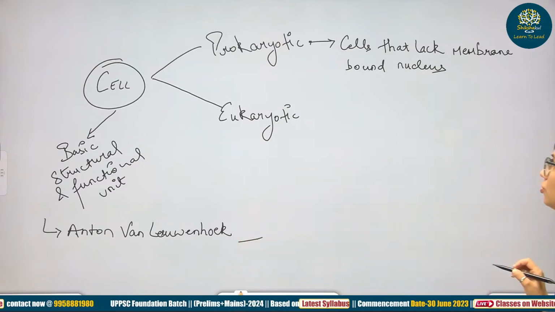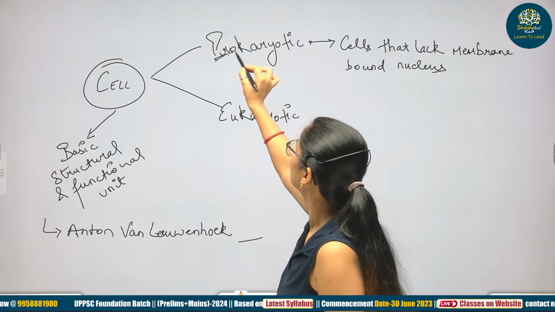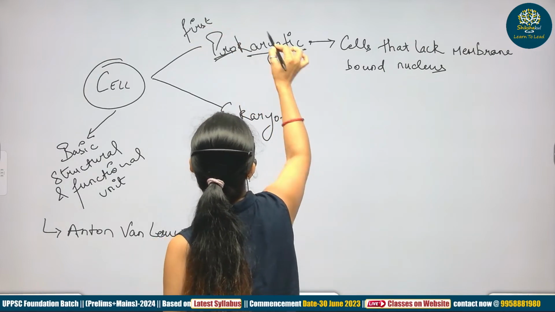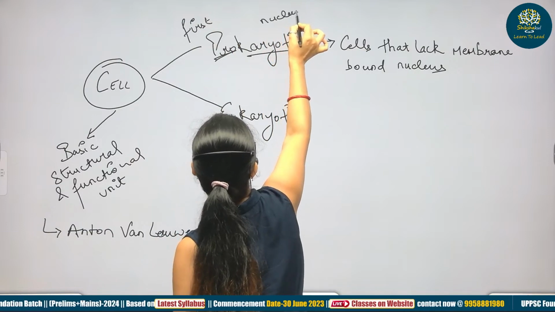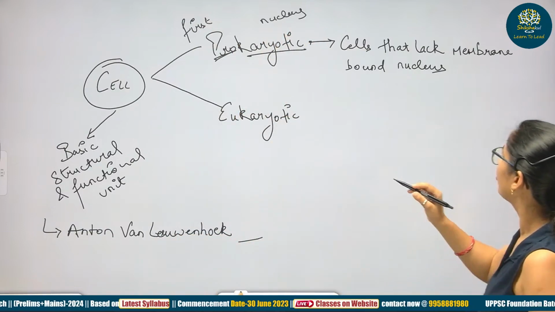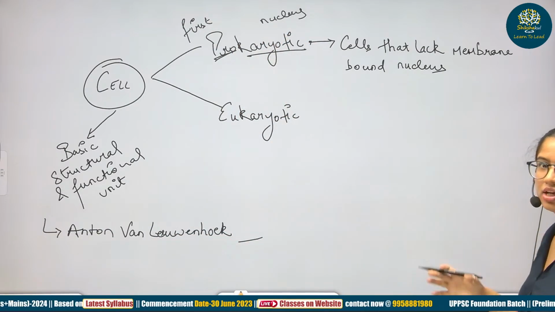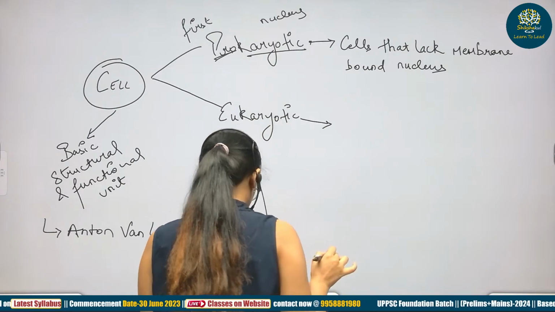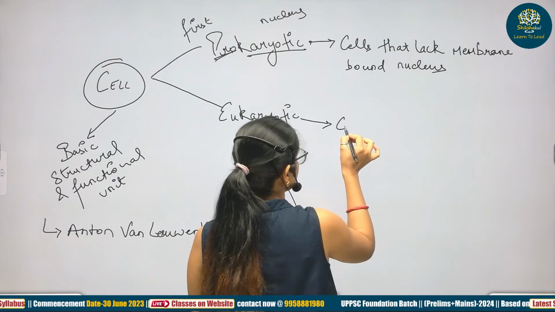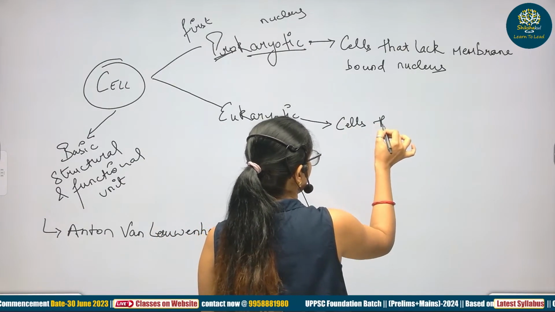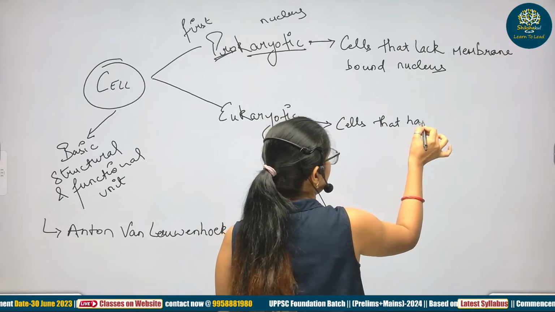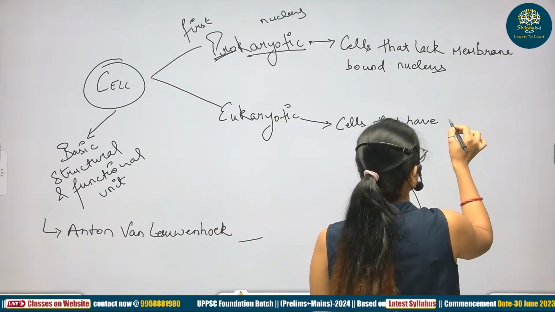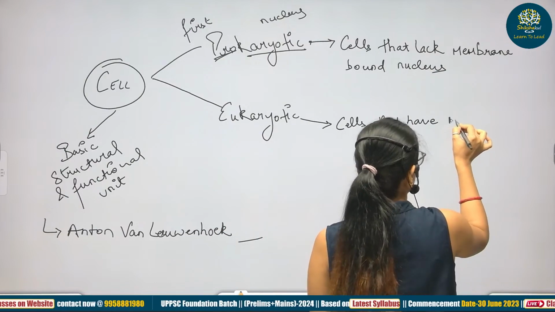Okay, prokaryotic are those, pro means first, karyotic means nucleus. So prokaryotic means cells that lack membrane bound nucleus. The nucleus is not well organized. If we talk about the eukaryotic, it means cells that have membrane bound nucleus.